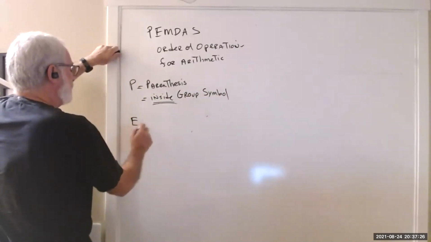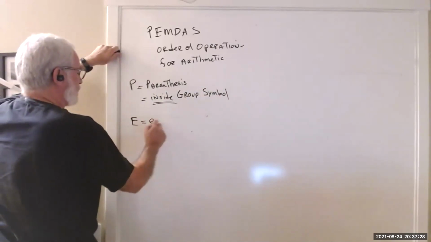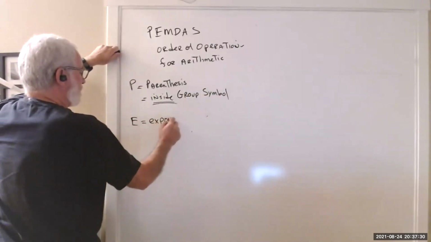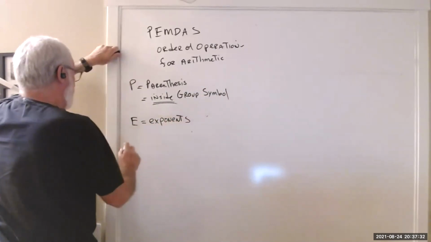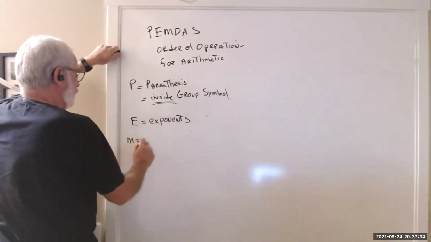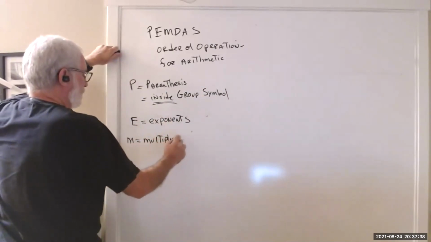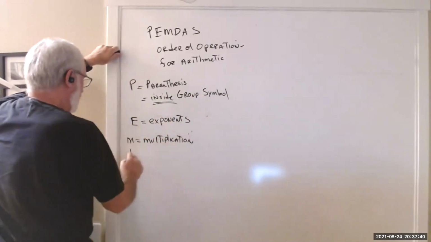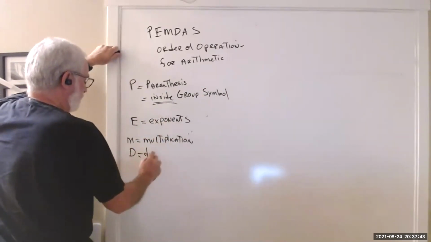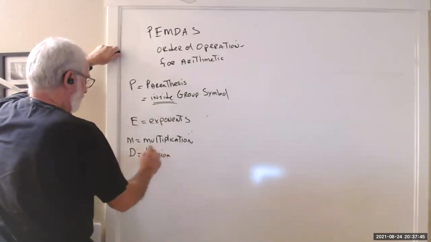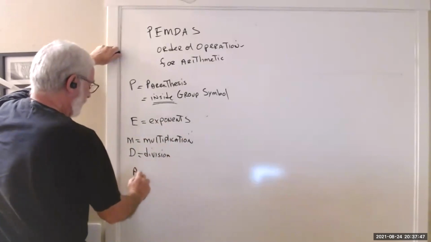The E says do any exponents. M stands for do the multiplication. D is division. A is addition.